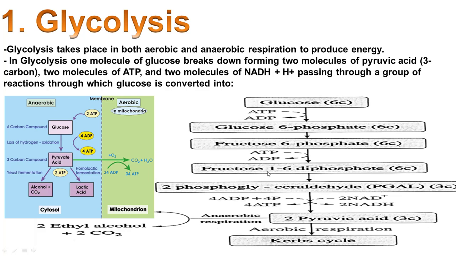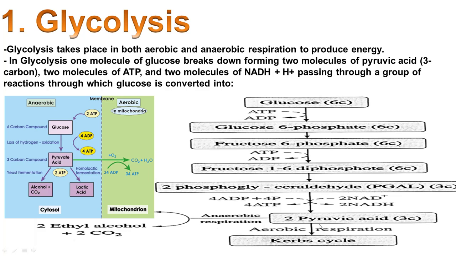After that, fructose 1,6 bisphosphate breaks down into two phosphoglyceraldehyde. Phosphoglyceraldehyde has the same structure except it has 3 carbons instead of 6. So no change in the number of carbons, and no change in the number of phosphates. Then the two phosphoglyceraldehyde change into the last product in this stage, pyruvic acid.